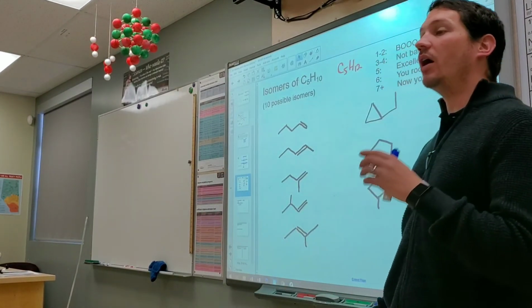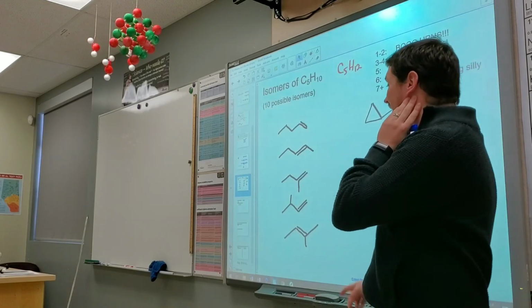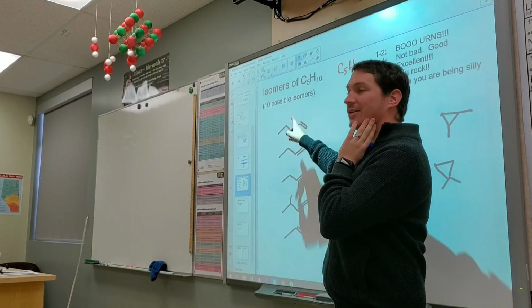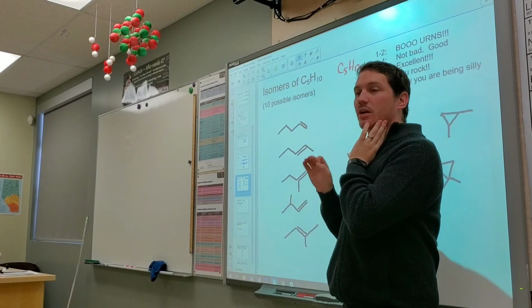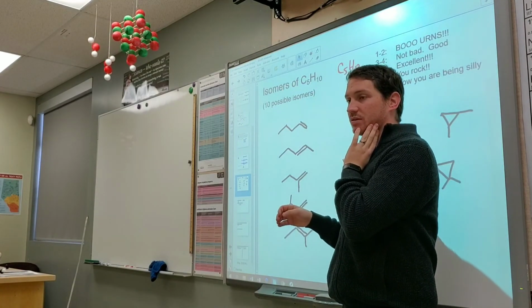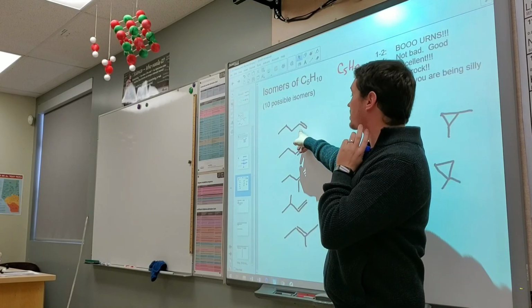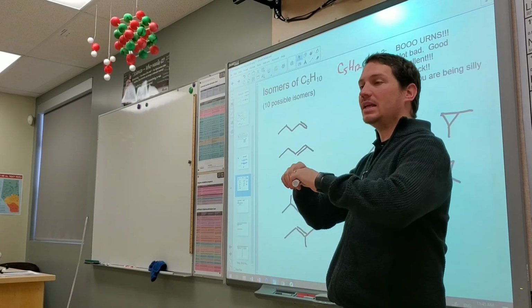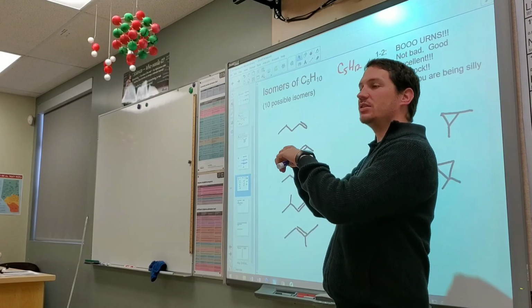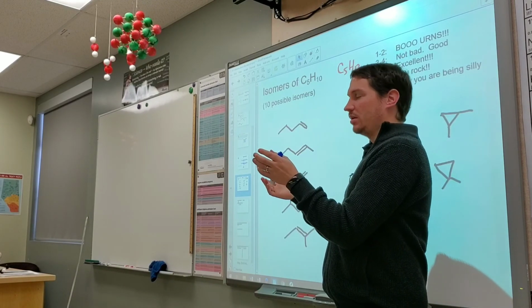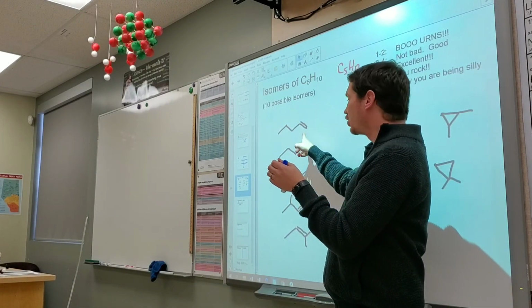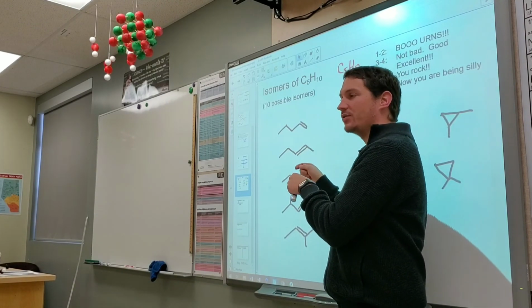Now, what I want to know is, is this compound saturated with hydrogens? Could you arrange, without changing the structure, so you still want 5 carbons in a row, extra hydrogens on here?